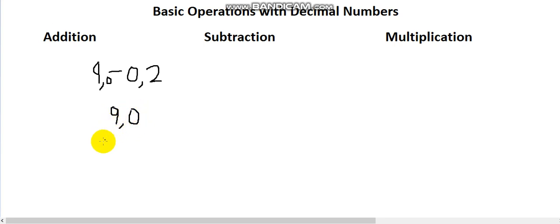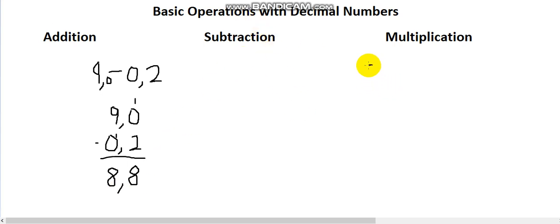I can do 9.0 take away 0.2. And if I do the subtraction, I would get 8.8.